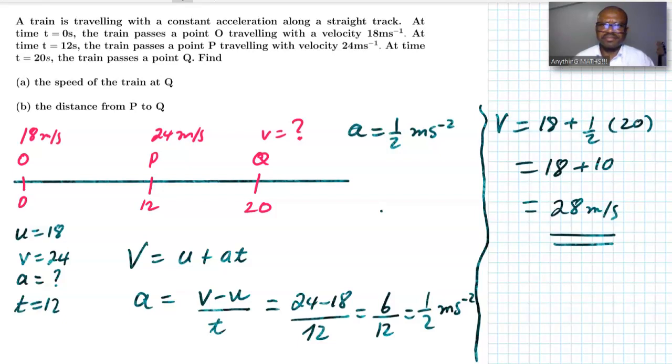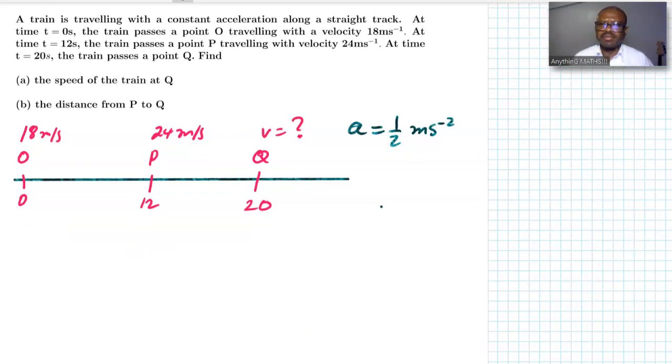What about B? B, the distance from P to Q. So the initial velocity this time will be 24. And we know the time it took, which will be 20 minus 12.